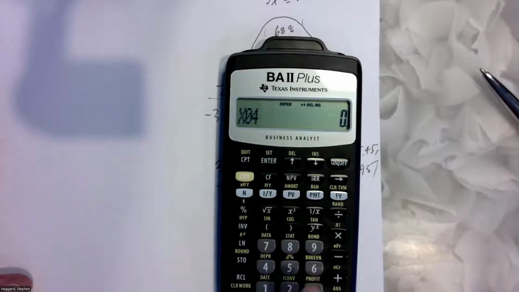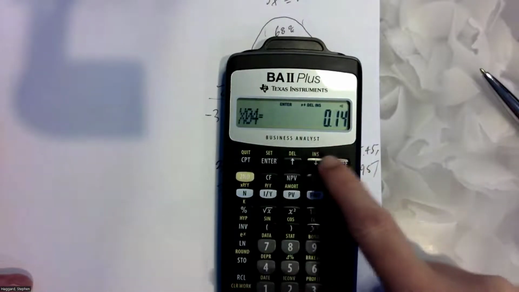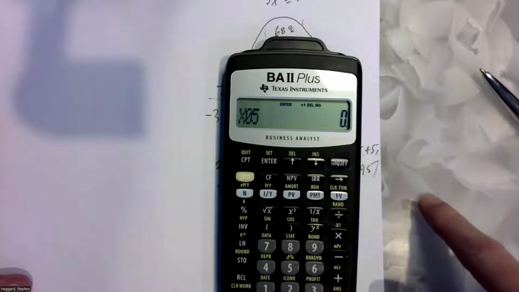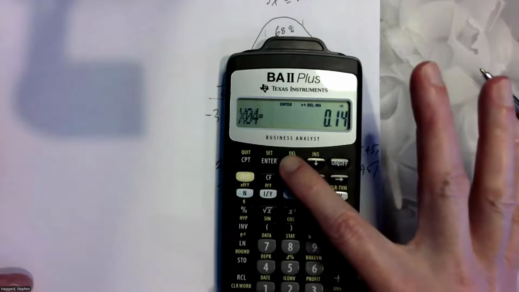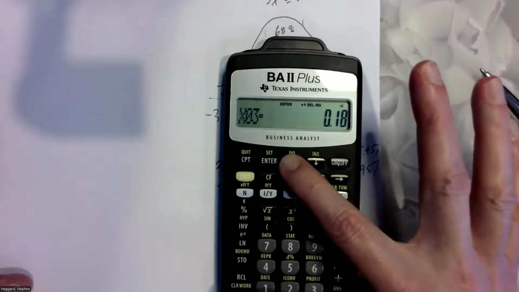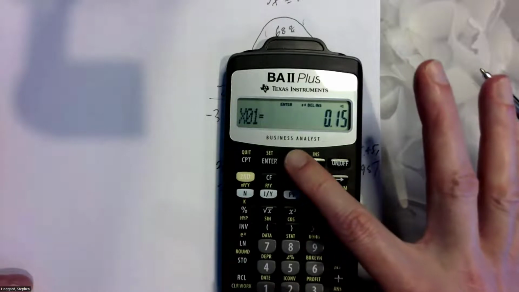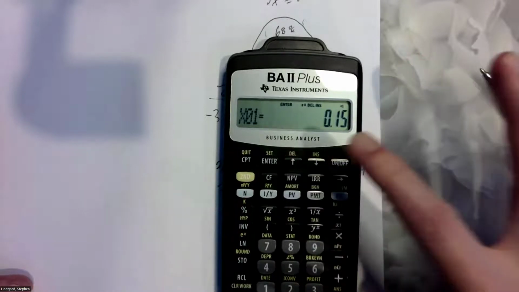The fourth one is 0.14, enter, arrow down, and the last one is 0.1, enter. I'm going to make sure that I've got all those in there correctly. By the way, checking work seems like it takes extra time, but it saves you a lot of frustration.